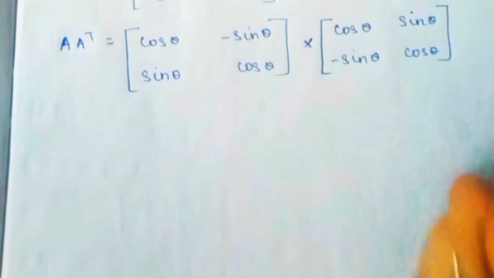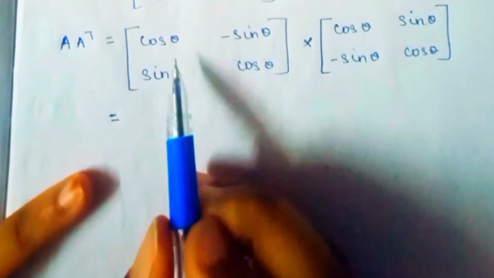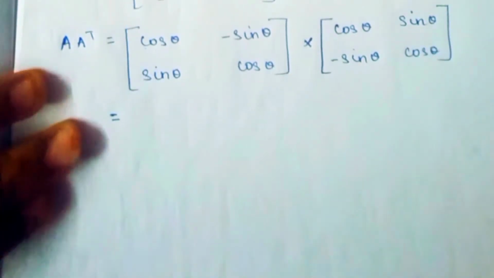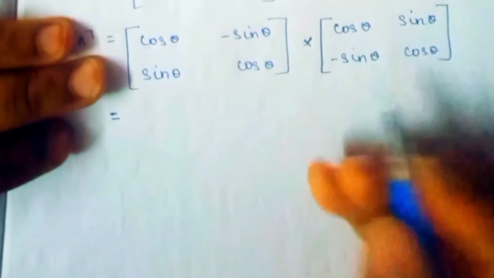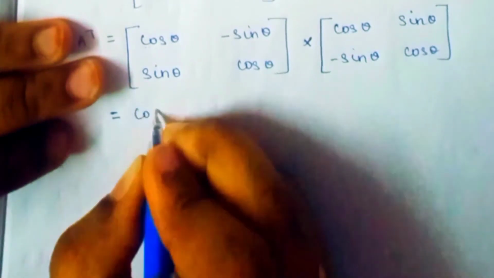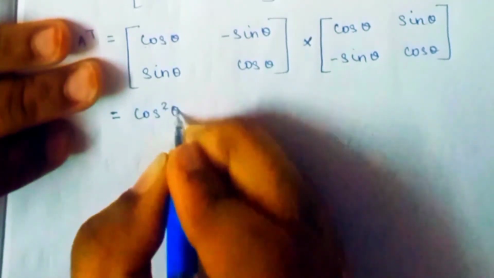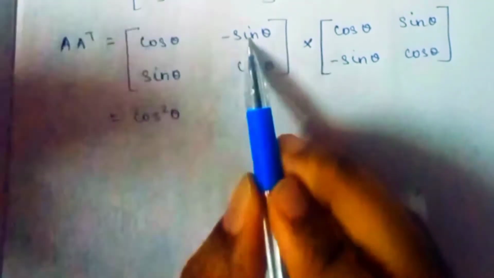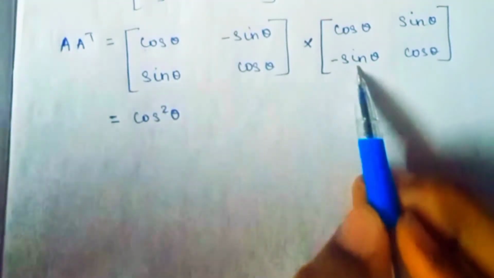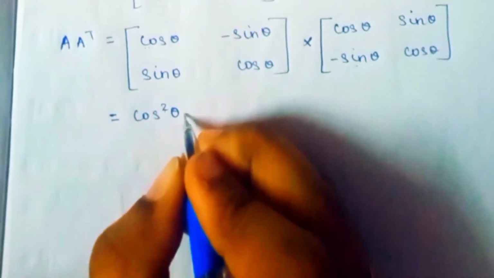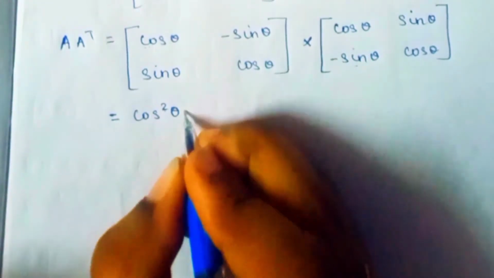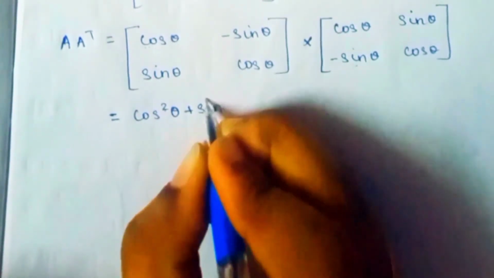So we are going to multiply this. For multiplying, you multiply this row with this column, and again this row with this column. So cos theta times cos theta is cos square theta, then minus sin theta times minus sin theta is plus sin square theta.